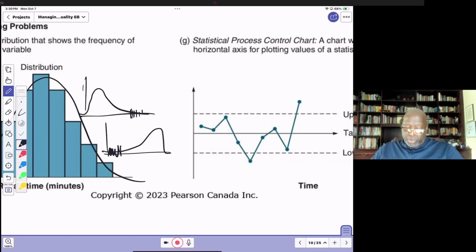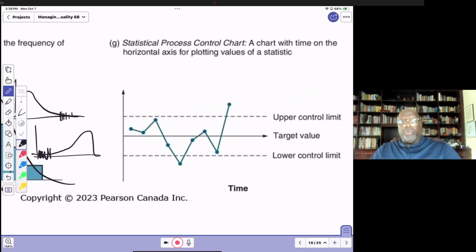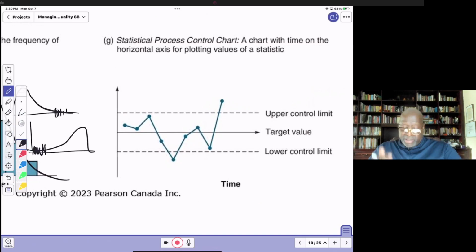Statistical process control is kind of similar to confidence intervals if you've done statistics, where we set upper and lower control limits, and within those limits, if we use three standard deviation limits, 99.73, I believe it is, percent of all of your variations should be in that range.